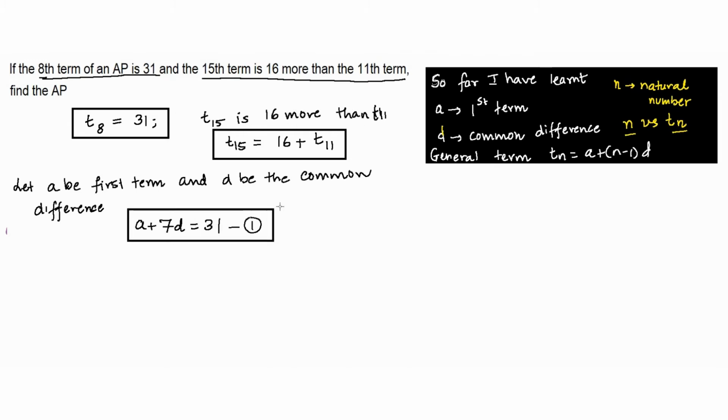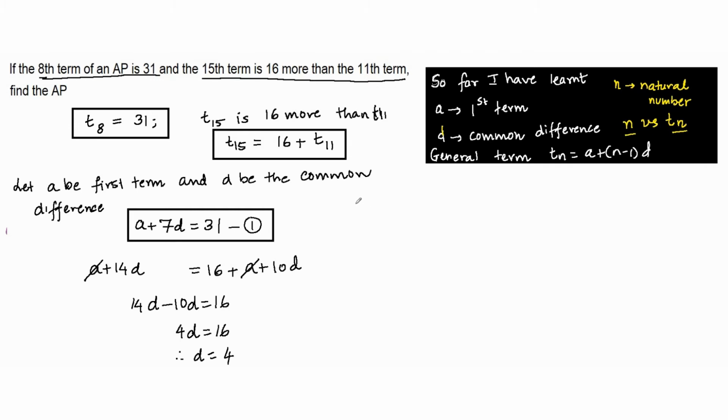And the second equation that I get is T15. So T15 is going to be A plus 14D is equal to 16 plus T11, which is A plus 10D. And now I can solve this equation. So A and A cancel from both sides. And therefore 14D minus 10D is equal to 16, which means 4D is equal to 16, and therefore the value of D is 4.